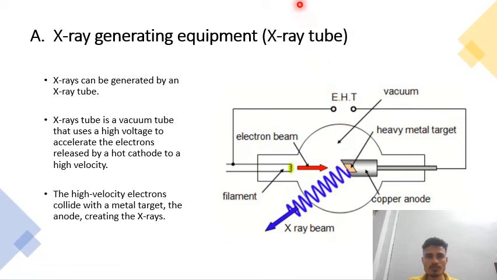This X-ray tube is a vacuum tube that uses a high voltage to accelerate the electrons released by a hot cathode to very high velocity. The high velocity electrons collide with a metal target, the anode, creating X-rays. So by using the X-ray tube we can generate X-rays.